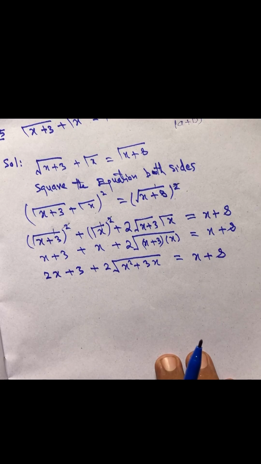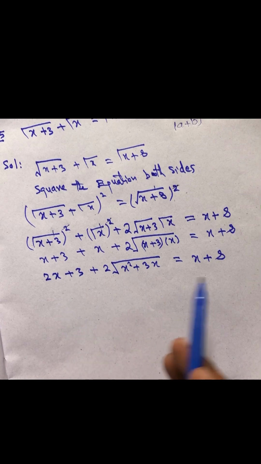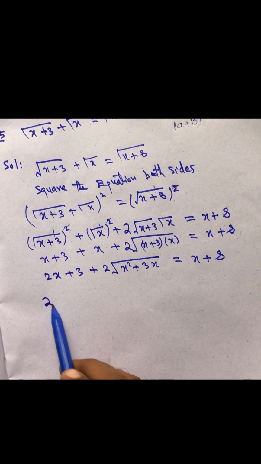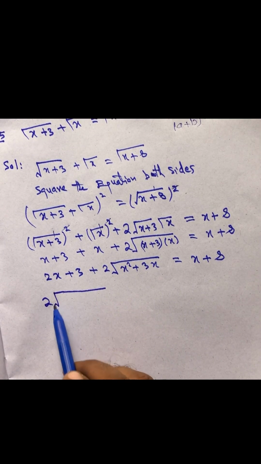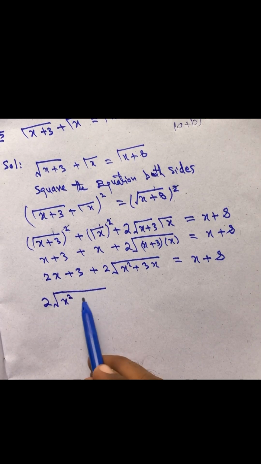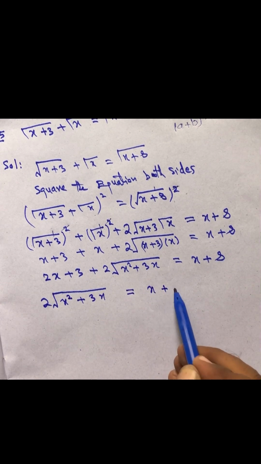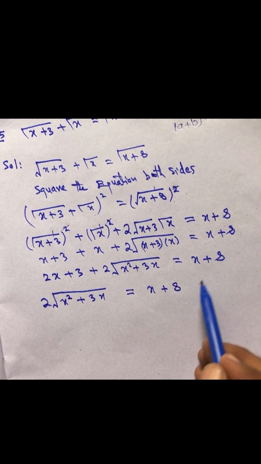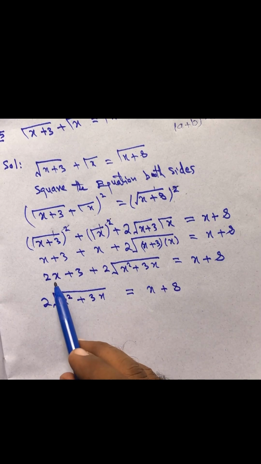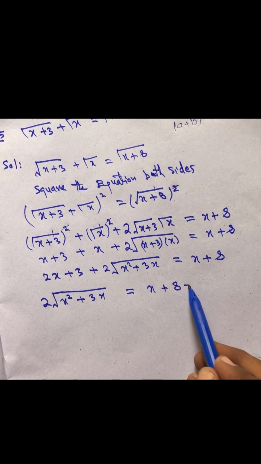It goes likewise. After that we are going to shift this 2x and plus 3 to the right hand side, keeping only the radical sign on the left hand side. So 2 times the radical sign of x square plus 3x is equal to x plus 8, which already exists on this side. We are going to shift 2x from the left side to the right side. Here it is plus, it will get minus.